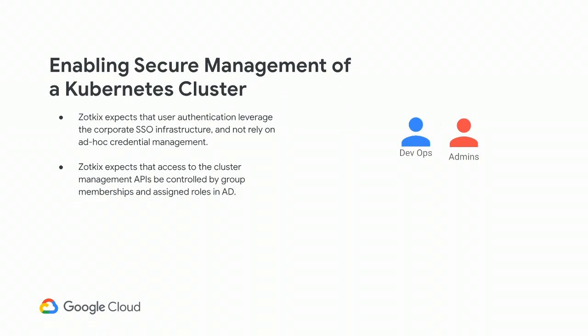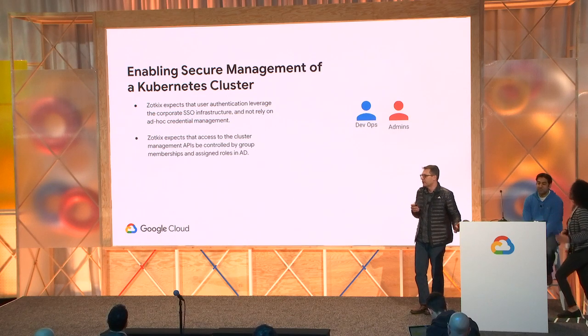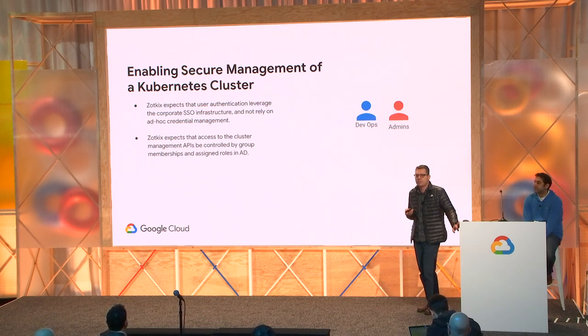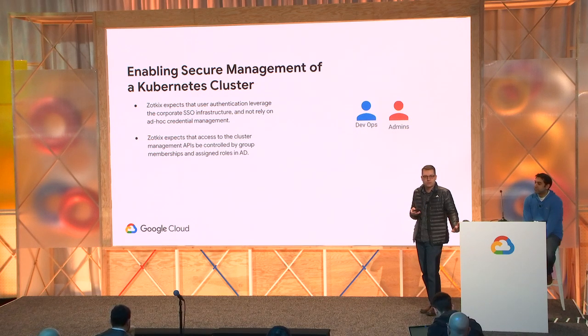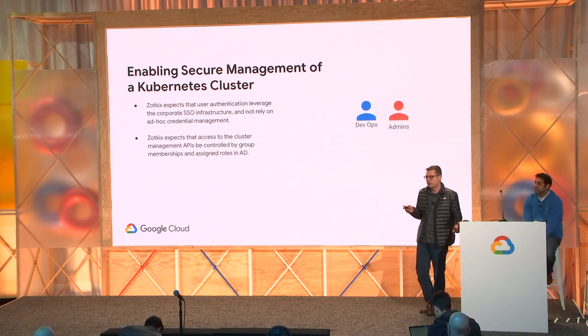So indeed, in most enterprise environments, integrating with the SSO infrastructure is required to manage the production workloads. So this involves two steps, effectively. One is to connect the authentication and the credential management to the SSO system. And the other is to configure permissions based on the centrally managed groups. So we'll look into each of these steps in detail.